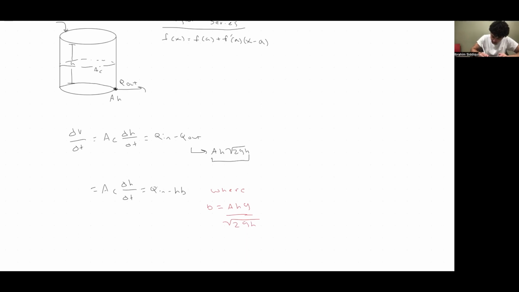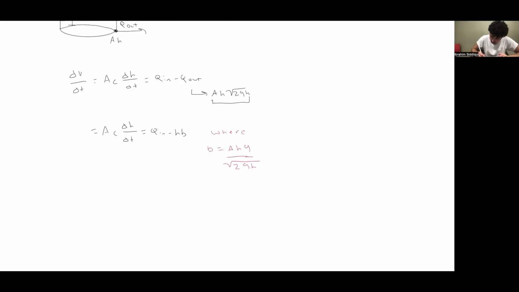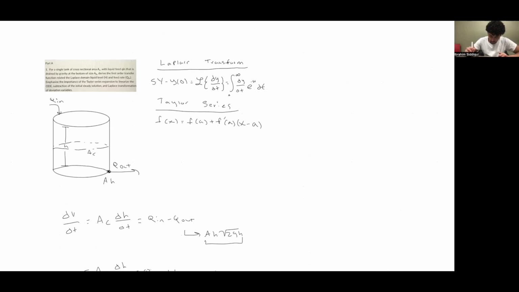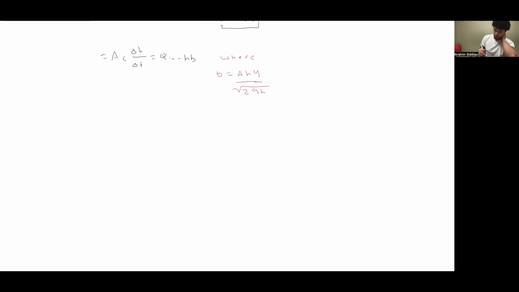We can now go ahead and rewrite this using our initial steady state in order to utilize the Laplace transform. We're going to be utilizing the initial steady state using this Laplace transform equation. So we're going to say that our height is going to be equal to HS.